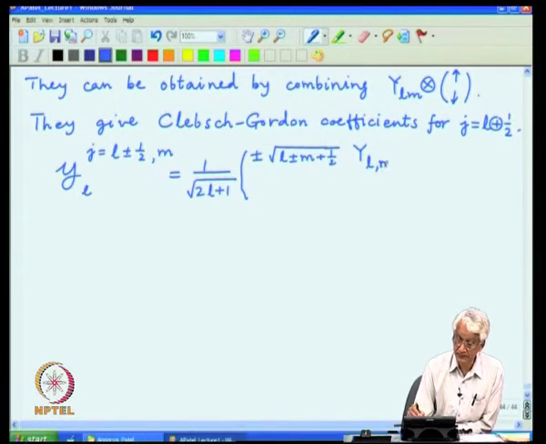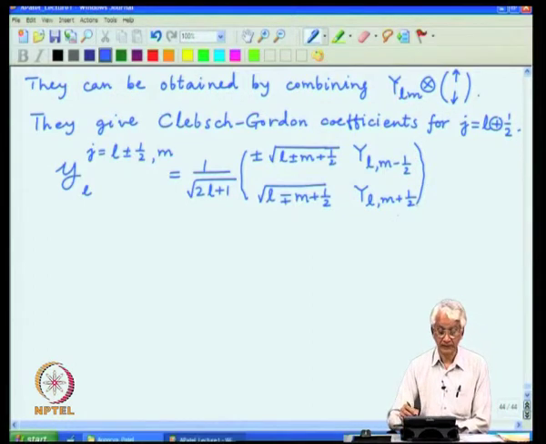So, we have an answer when you add Y L M and then the spin half on top of it.